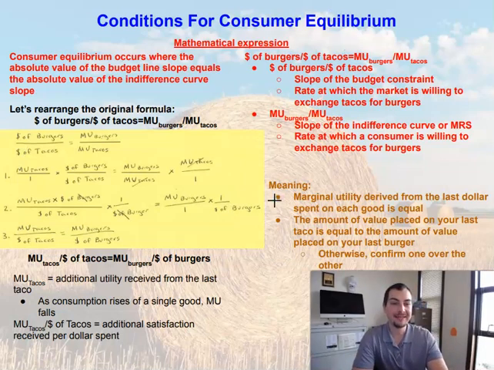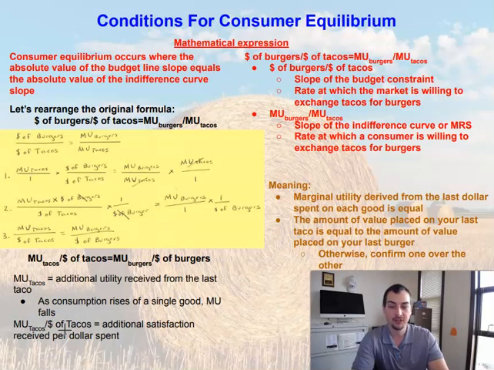Well, the meaning is that the marginal utility derived from the last dollar spent on each good is equal. So basically what this does is that the marginal utility of tacos is the additional utility received from the very last taco. So as consumption rises for a single good, remember that marginal utility falls. As we consume more tacos, the additional satisfaction from each taco is going to fall.